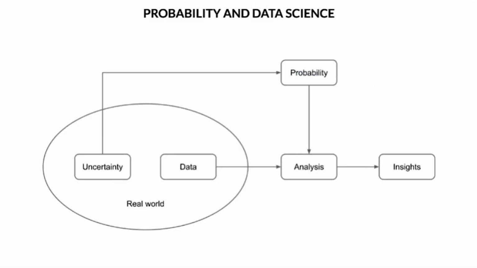Now let's get to a subset of mathematics, which is probability, and why it is used in data science. This is your real world, and you're essentially collecting data. Suppose this is data of heights, salaries, number of web page hits per day, things like that.